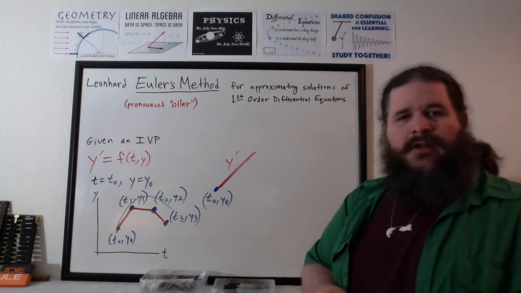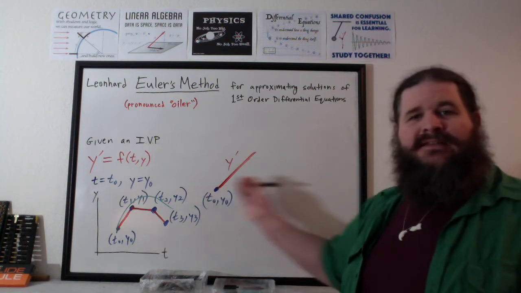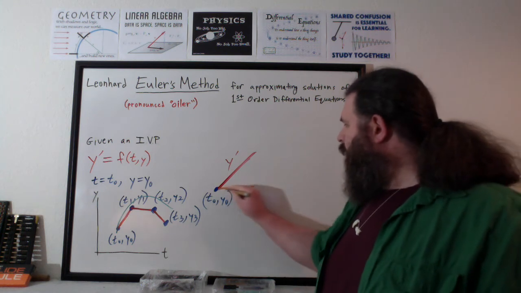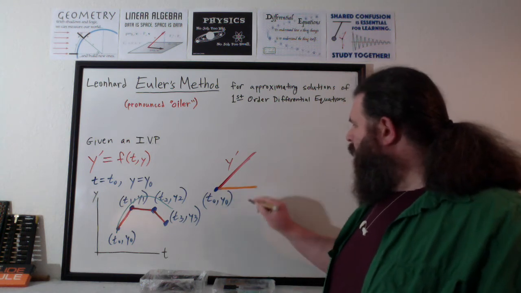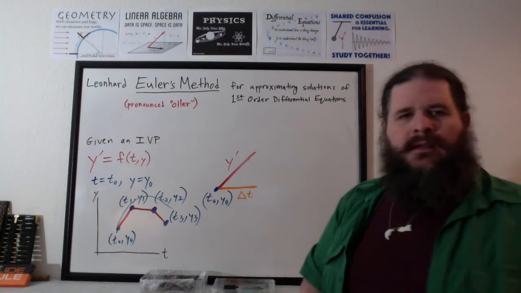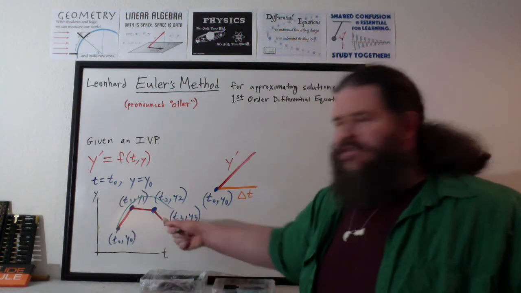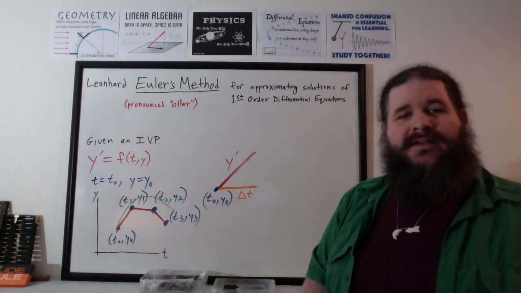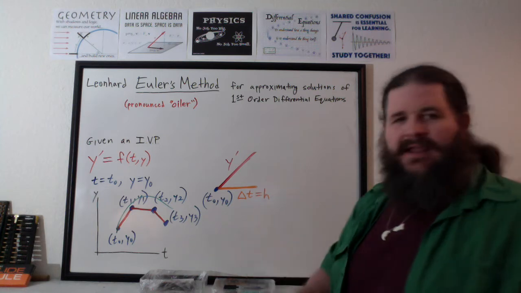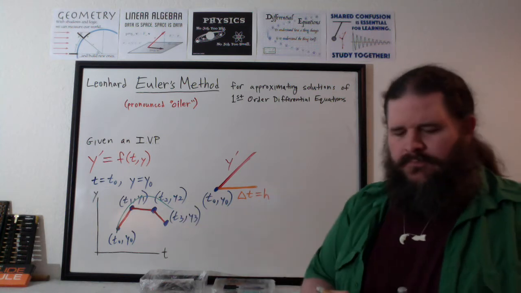In fact, let's say we follow it for a certain amount of distance in the t direction, a certain amount of time, you might say. So let's say you go forward some certain amount of time. We could call that delta t. And you could use a different amount of delta t for each step, but it's often easier if you just use one consistent value. Let's say delta t equals some constant h. H for a horizontal step forward.